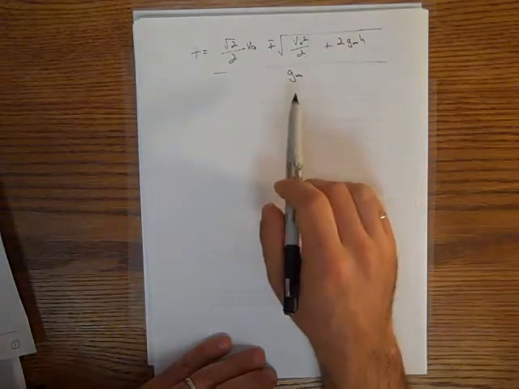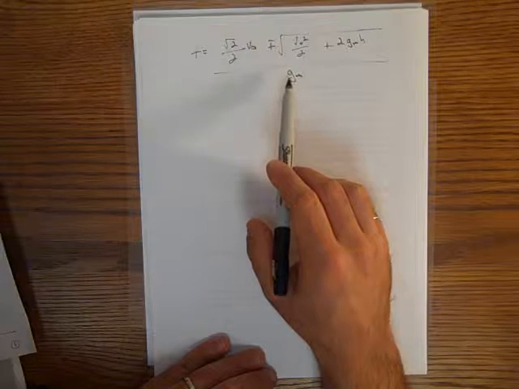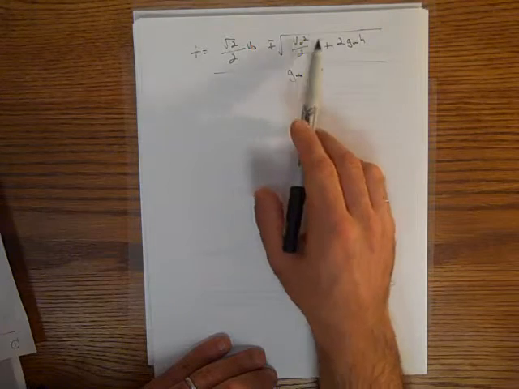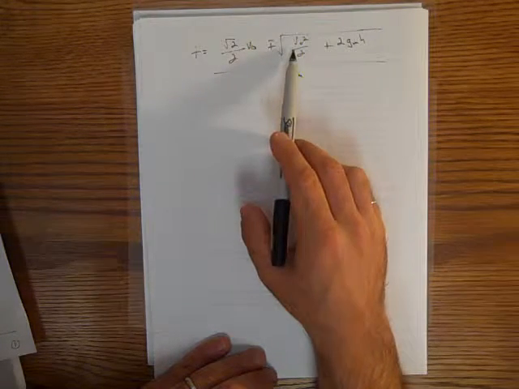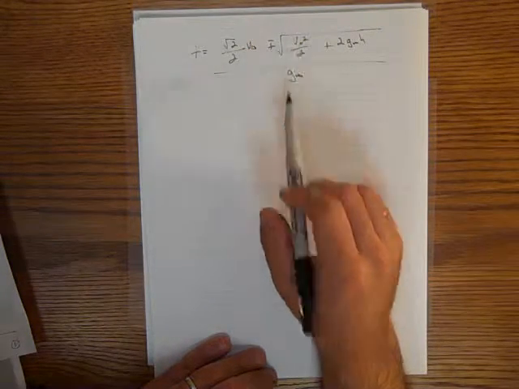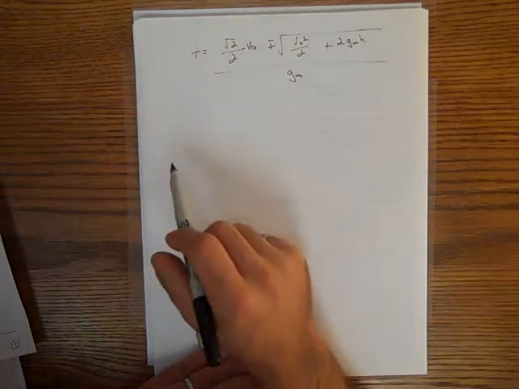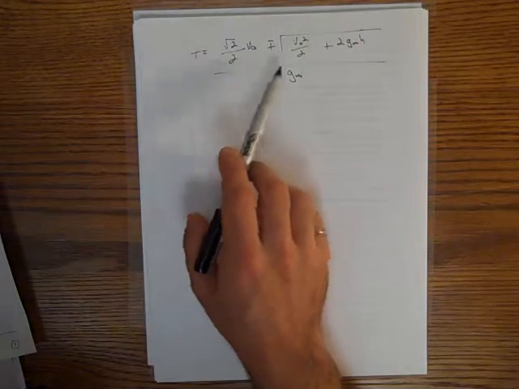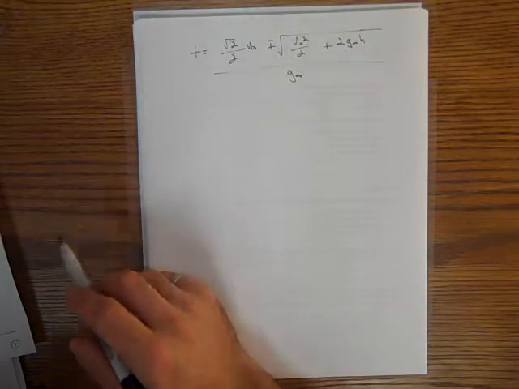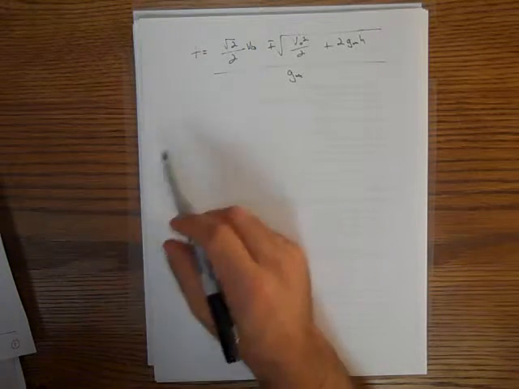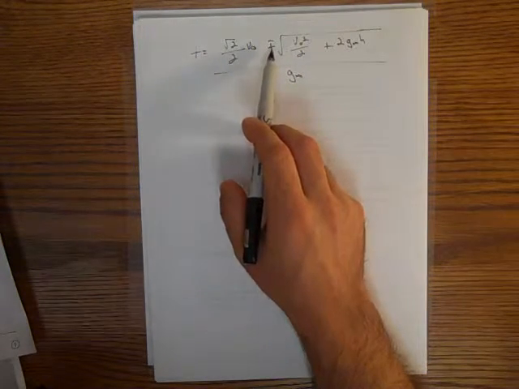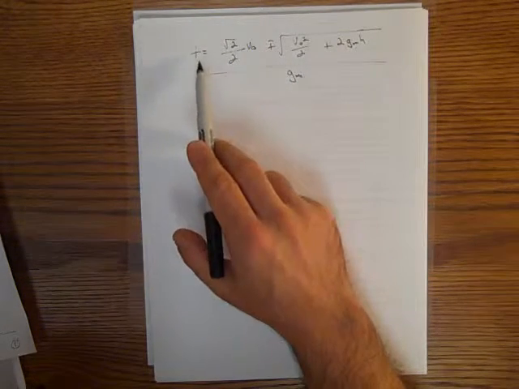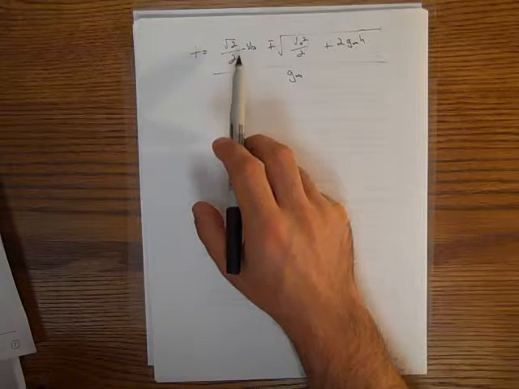Now here's the thing about this expression. I want the time that makes sense. In these problems, you also have to think about it: when I have two solutions here, I want the correct solution. It turns out that the positive solution gives me times greater than 0, and the negative gives me times less than 0.